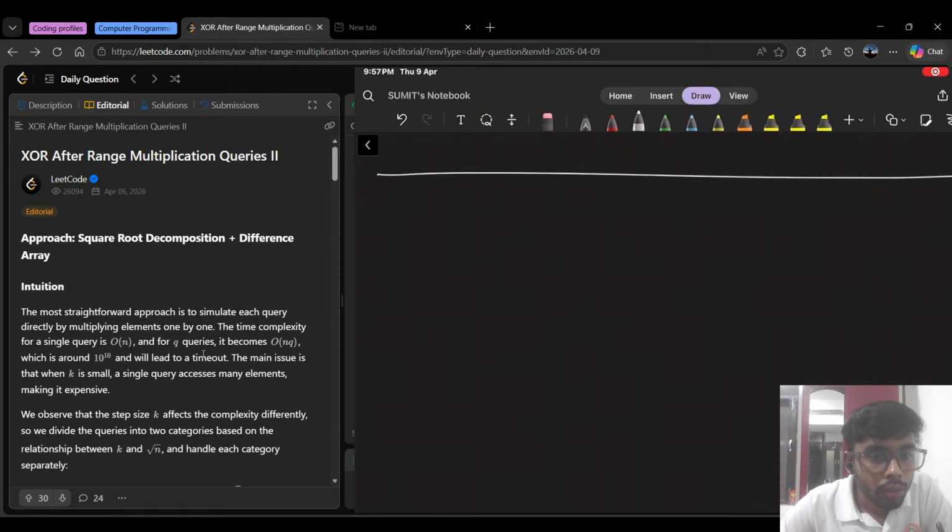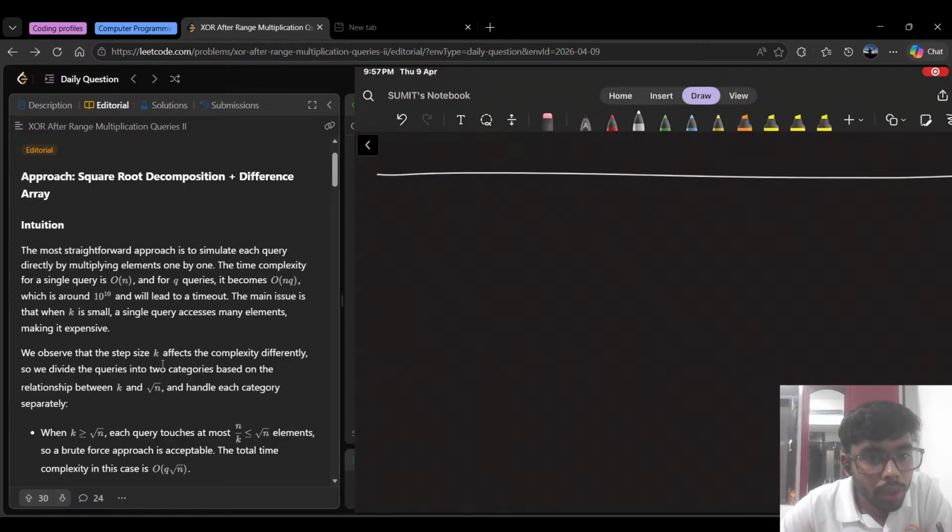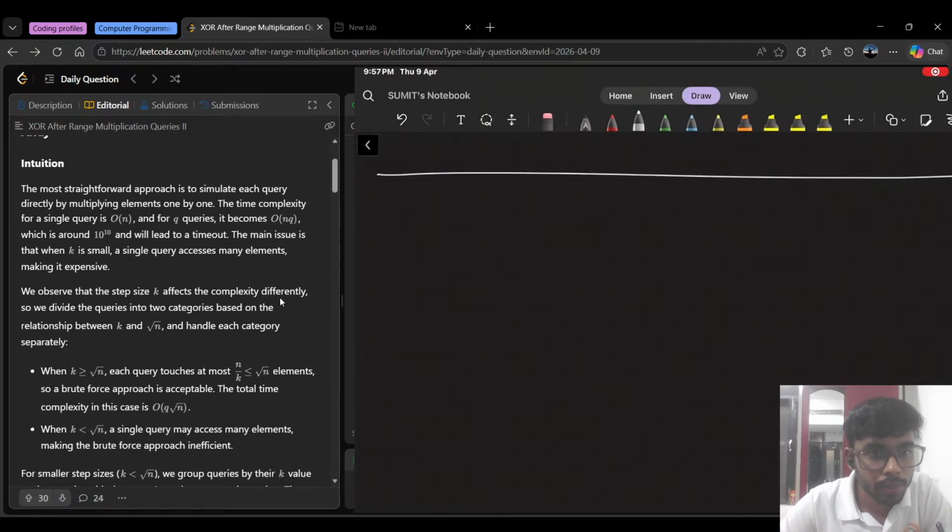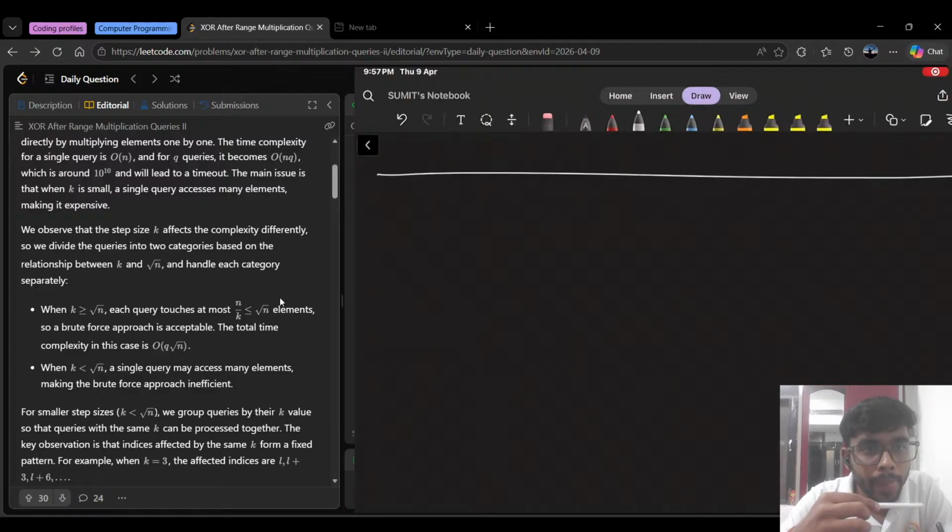We observe that step size k affects the complexity differently, and we handle each query separately. First of all, we have to identify which part of our logic is hitting the time complexity to an upper level.